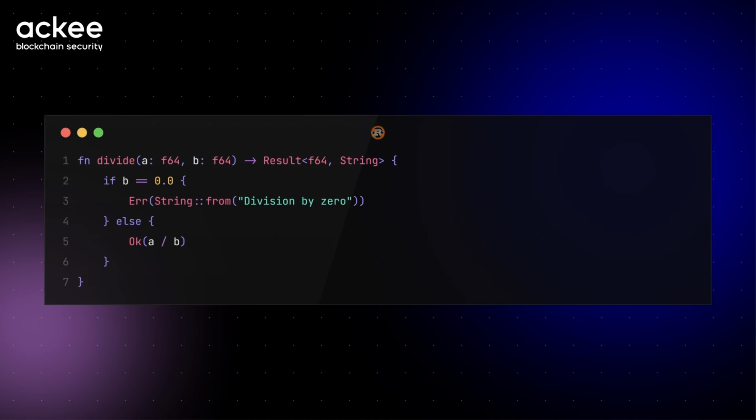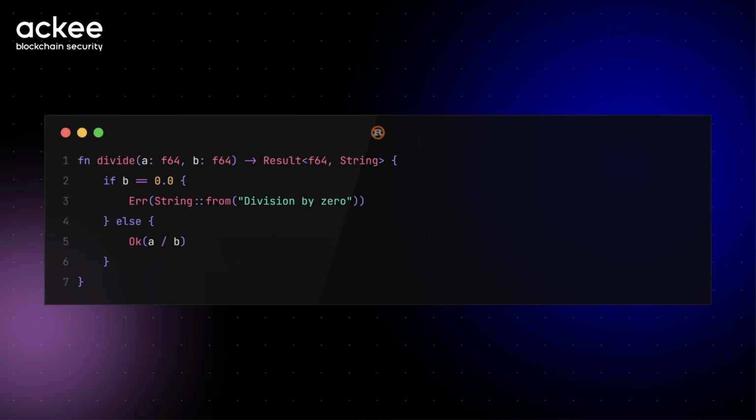And the return value currently is not just a primitive data type, for example f64, but we have specified here that we would like to return Result. In this case, we have also two type parameters for the Result. The first one is f64, which will be the result of the division, and the second one is String.